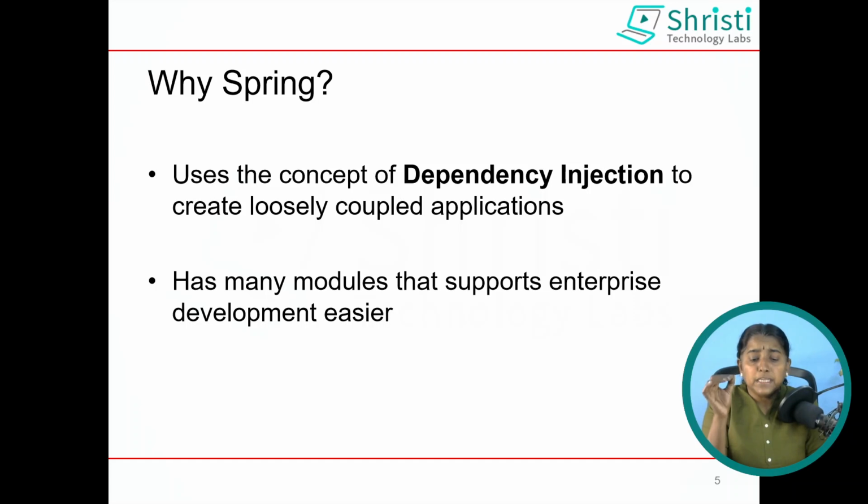Spring has many modules that make enterprise development easier. In case of Spring, if you want to simply create a console based application, Spring has a module called Spring Core module. If you want to develop a web application, you need to use the Spring Web module. If you want to integrate your Spring application with a database, then you can either use Spring JDBC module or spring-data-jpa module.